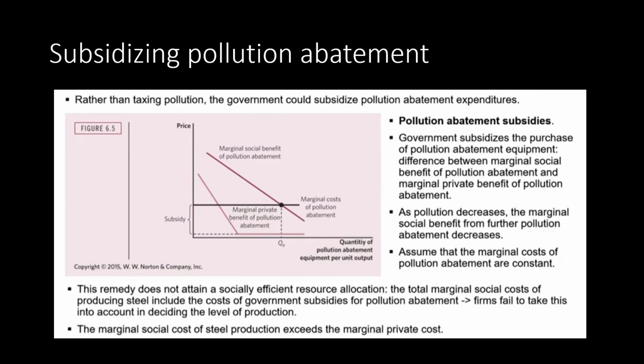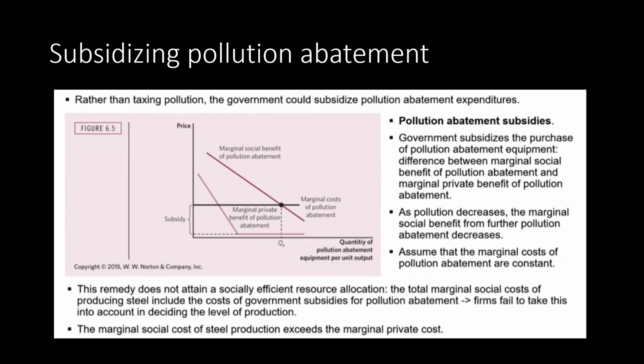I'm going to talk about subsidizing pollution abatement. Rather than taxing pollution, the government could subsidize pollution abatement expenditures. So this graph is talking about pollution abatement subsidies. Government subsidizes the purchase of pollution abatement equipment.